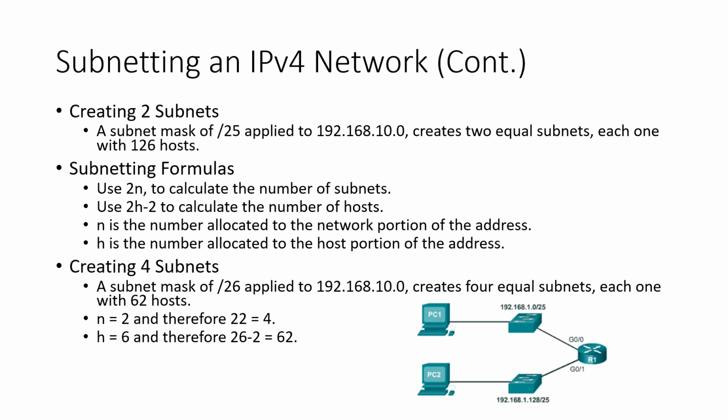So creating four subnets, a subnet mask of /26 applied to 192.168.10.0 creates four equal subnets, each one with 62 hosts. So n equals 2, therefore 2^2 equals 4, and h is 6, and therefore 2^6 minus 2, that is 62.